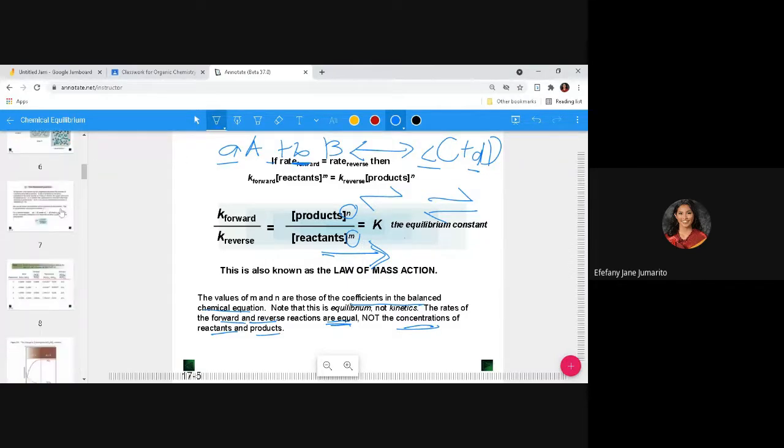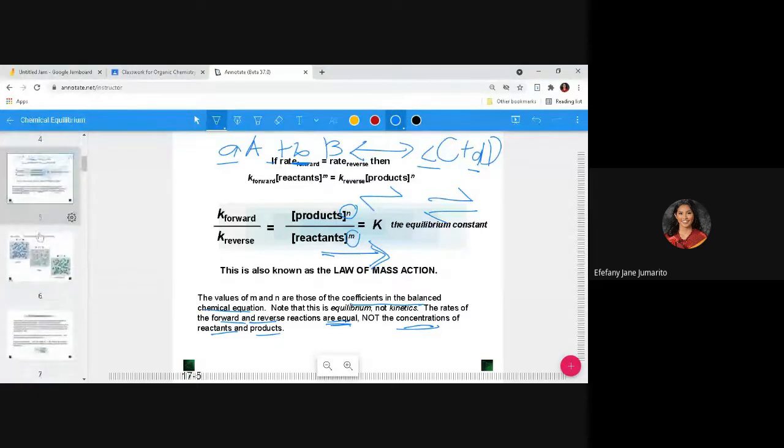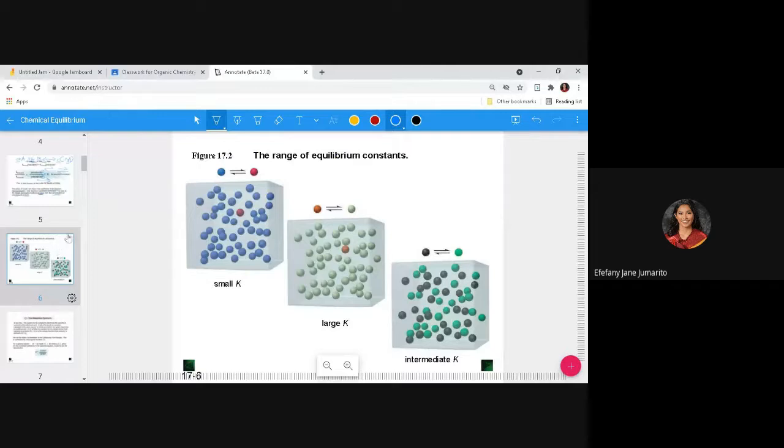So we have also learned that the forward and the reverse are your elementary steps. Then we have the change of equilibrium constants.